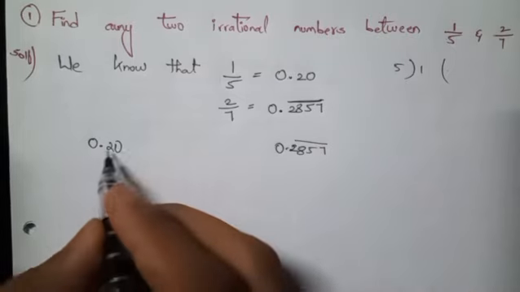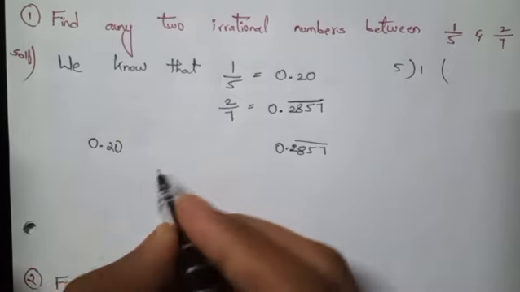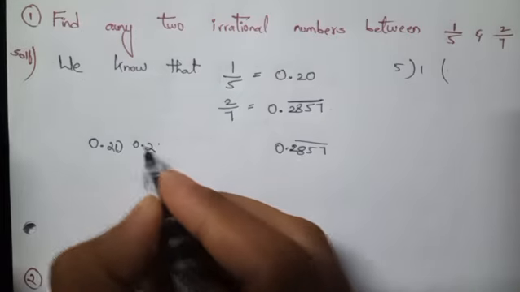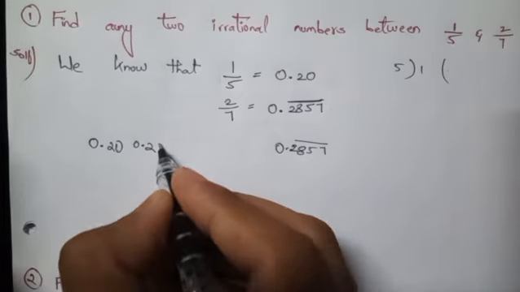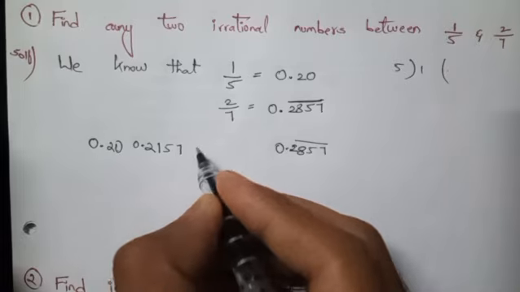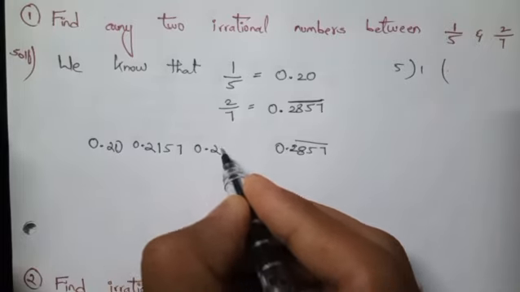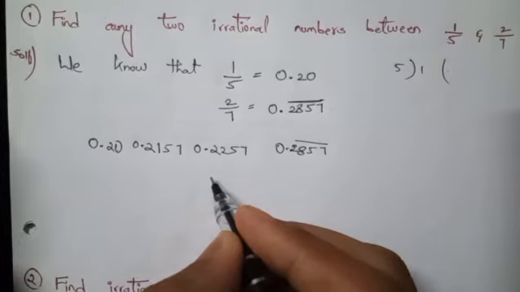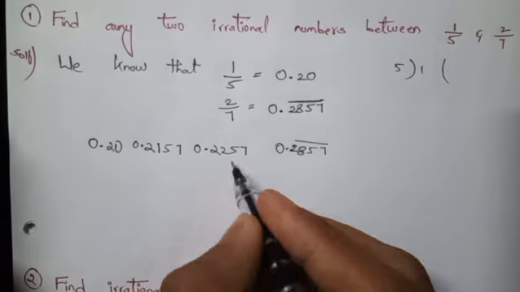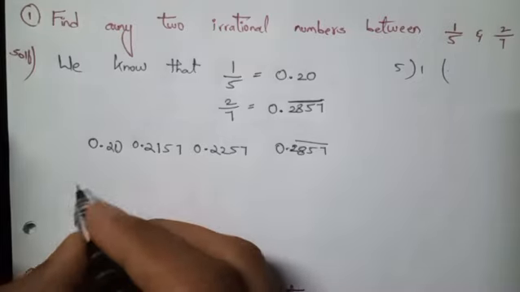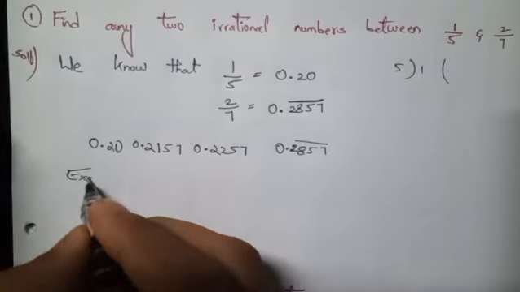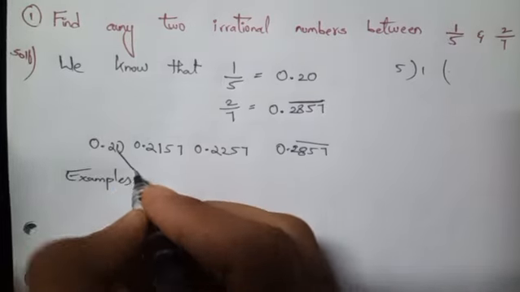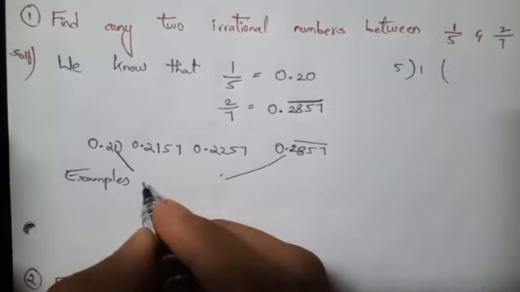You can see 0.20 and 0.28, so you can write like this: 0.2157, 0.2257, till 0.28, and so on. Let's see some examples for numbers between these two numbers.